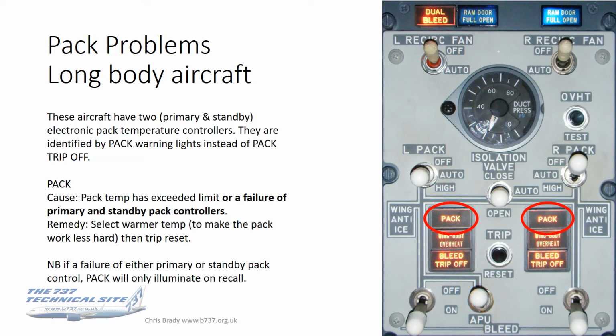The remedy, well, if it's just that the pack temperature has exceeded a limit, then again select a warmer temperature and press the trip reset. If a pack controller has failed, there's nothing you can do about it with a trip reset. That won't work. Put it in the tech log and get the engineers to sort that out on the ground.